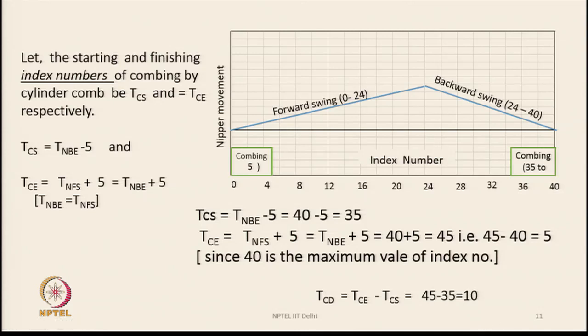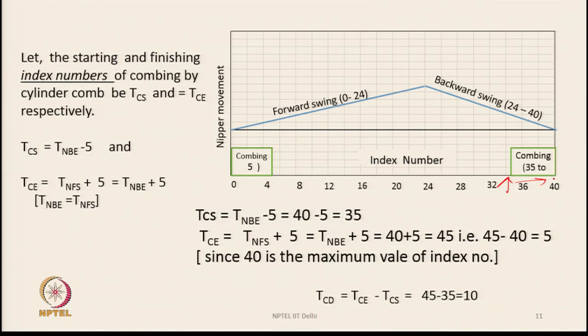So, therefore, what we can write, that the combing starts at 35 as it is shown here, it begins here at 35, and then it goes on this side, it goes up to 40 and it moves forward.